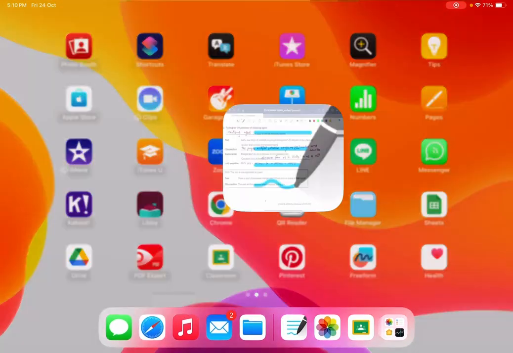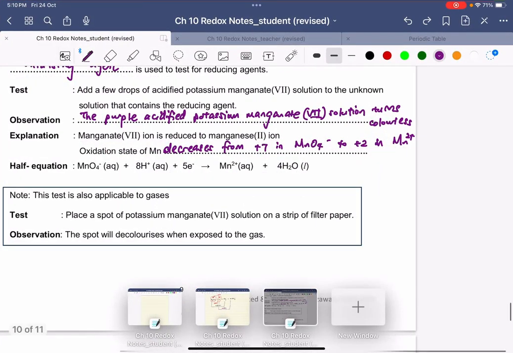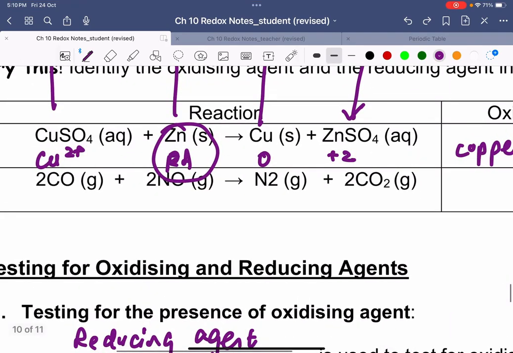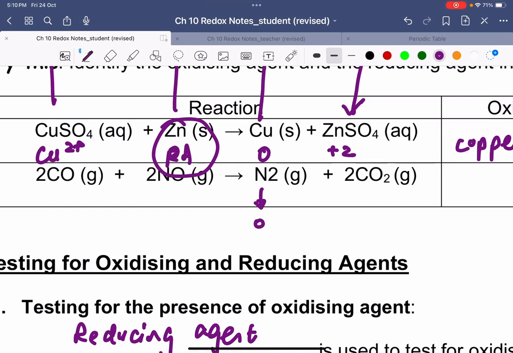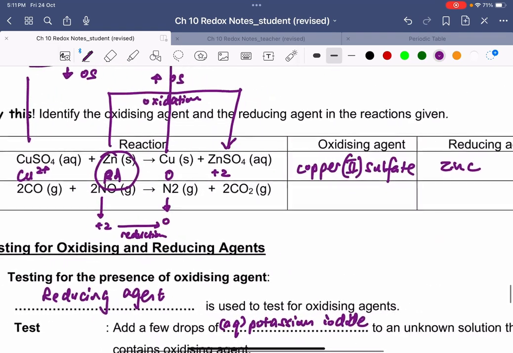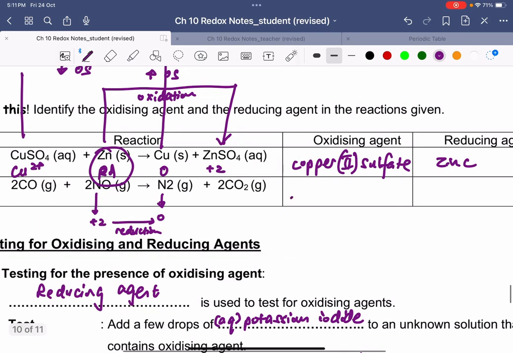Nitrogen here, this one is a 0. This one is a plus 2. So this one is a reduction. If it's a reduction, then that one is called an oxidizing agent. So nitrogen oxide is an oxidizing agent.